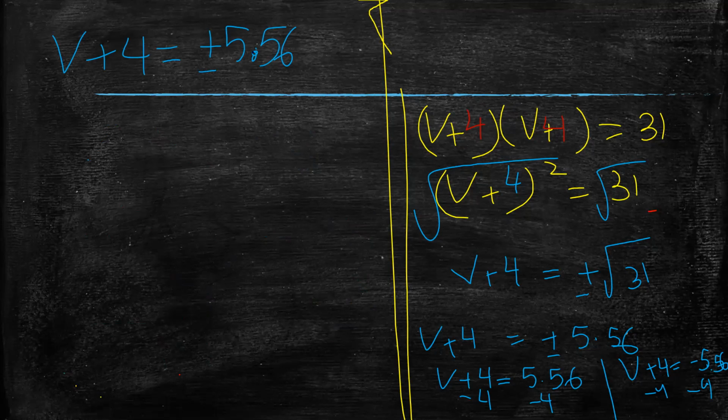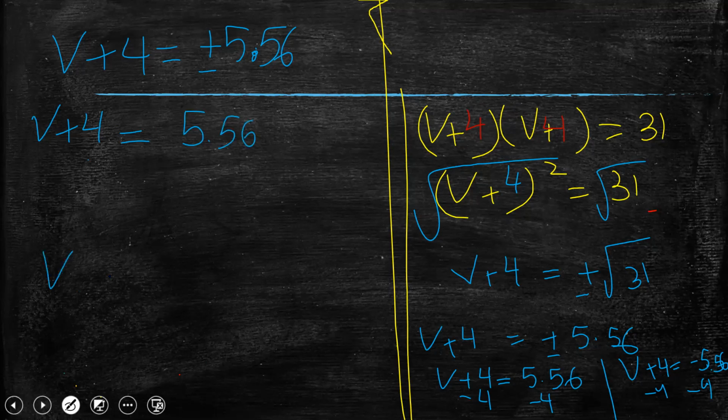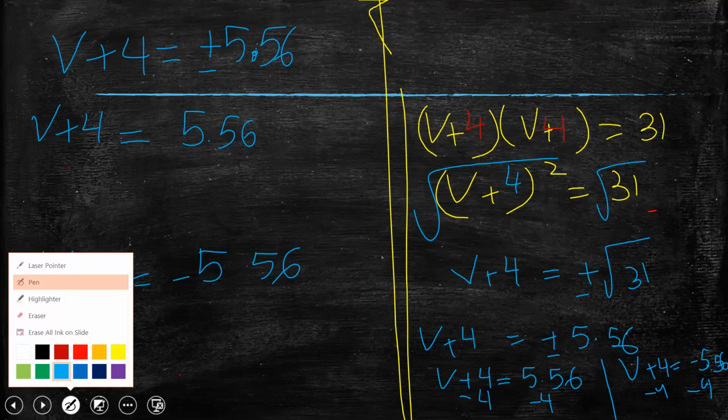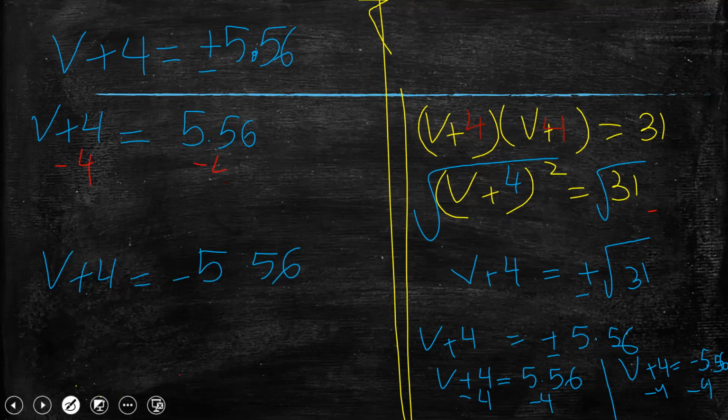Now, v plus 4 could be 5.56, or v plus 4 could be negative 5.56. Then minus 4, minus 4. So v is 1.56, and v is negative 9.56.